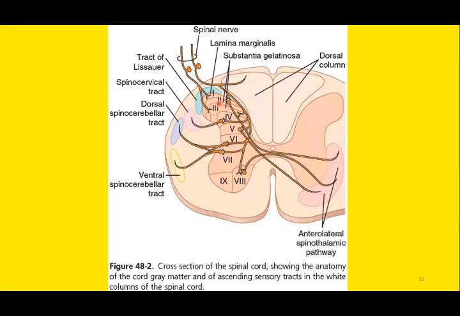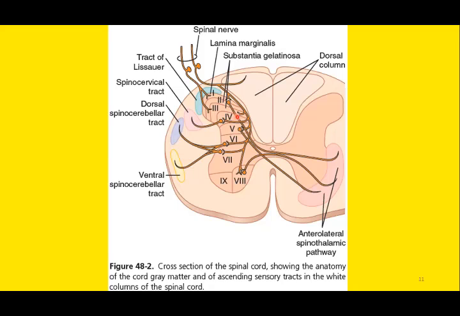And within the dorsal horn, you can see there are different layers or laminae, and these laminae of the spinal cord gray matter are denoted by capital Roman numerals. As you can see, lamina 1 is known as the lamina marginalis, and lamina 2 and 3 are collectively known as the substantia gelatinosa.